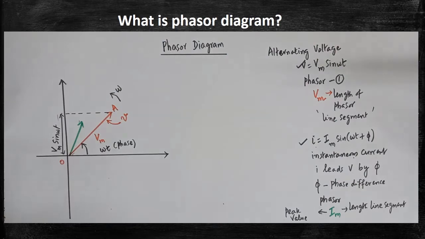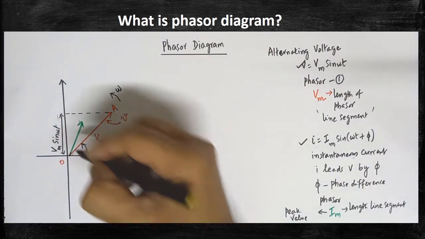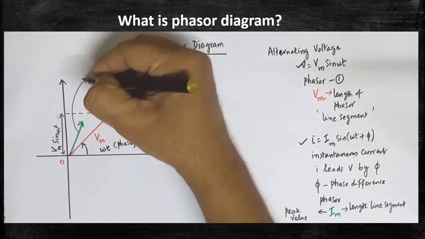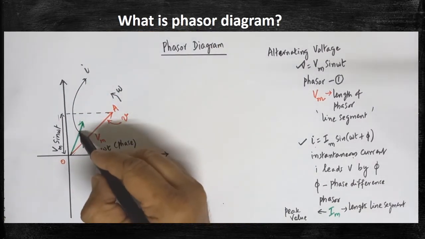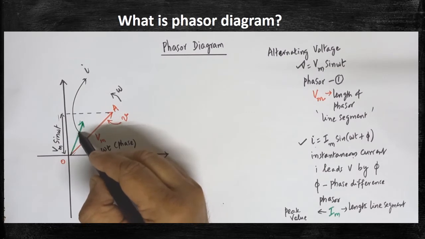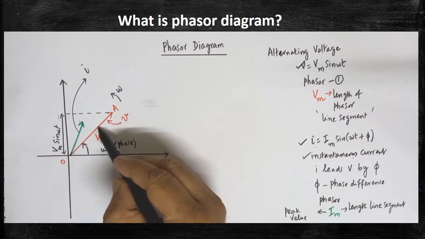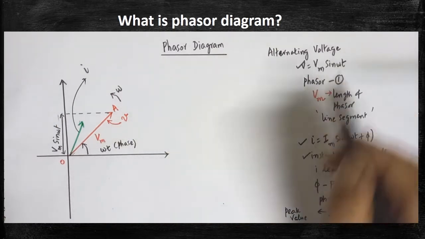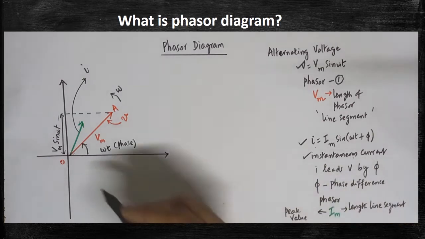So this is the phasor drawn for whom? The current. This is the phasor drawn for whom? Current I. This phasor is representing the instantaneous current. This phasor is representing instantaneous voltage. This phasor is representing the instantaneous current.